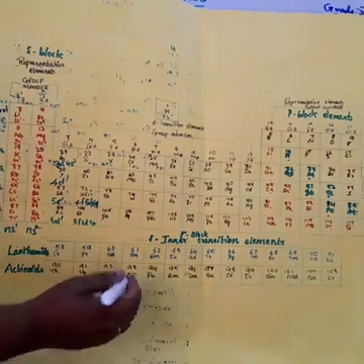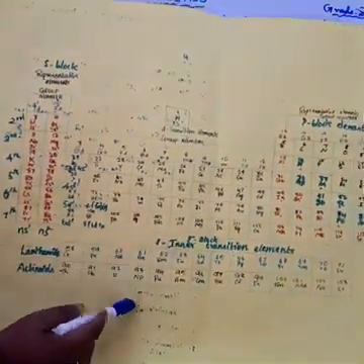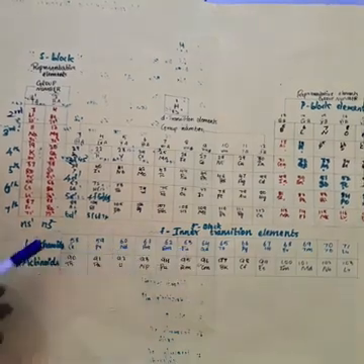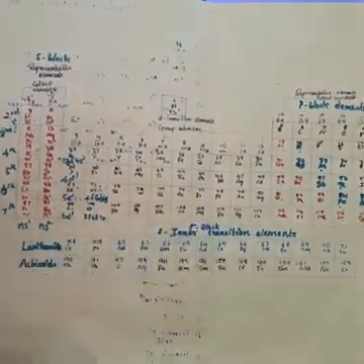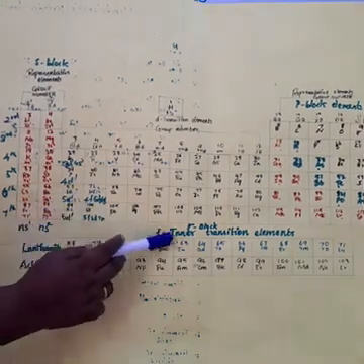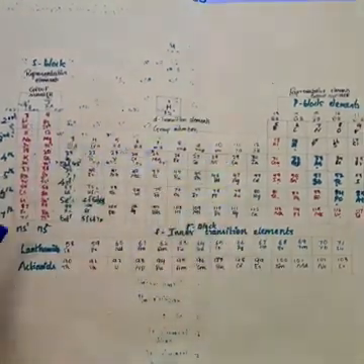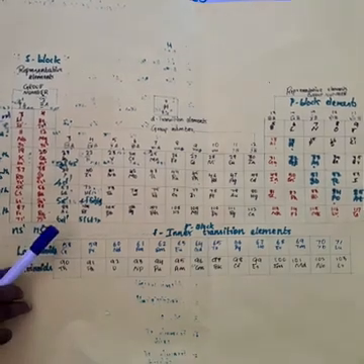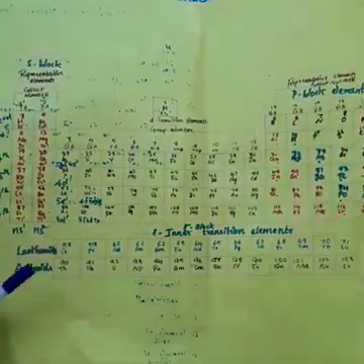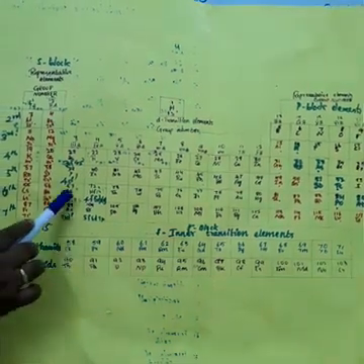The bottom of the periodic table has the lanthanides and the actinides. Such elements are called the inner transition elements, because they form in between the transition elements. What are the inner transition elements? That is lanthanides and actinides.